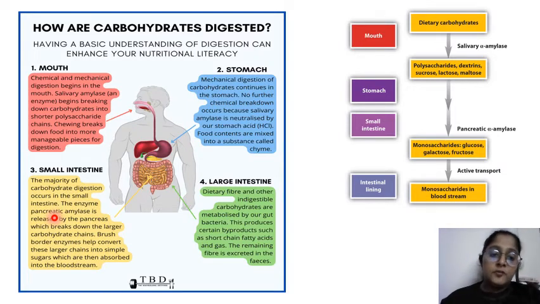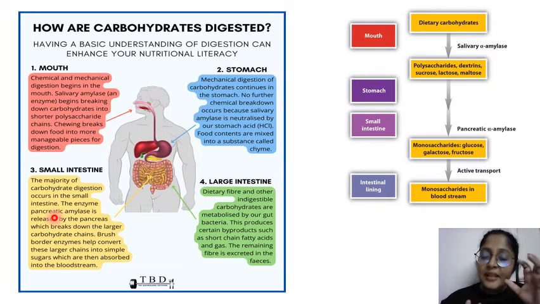The small intestine is where the major portion of the digestion takes place, by the release of the pancreatic amylase, and then the brush border enzymes help to convert these large chain carbohydrates into simple sugar, which further gets absorbed into the bloodstream. The large intestine acts basically on the dietary fiber, which is not digested in the small intestine.